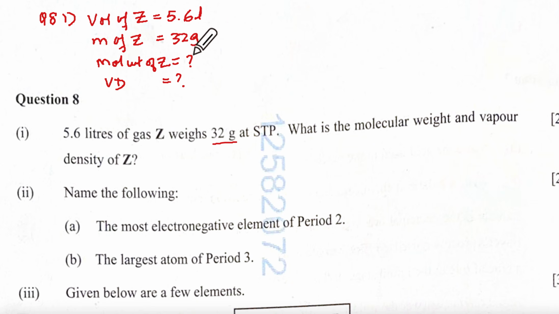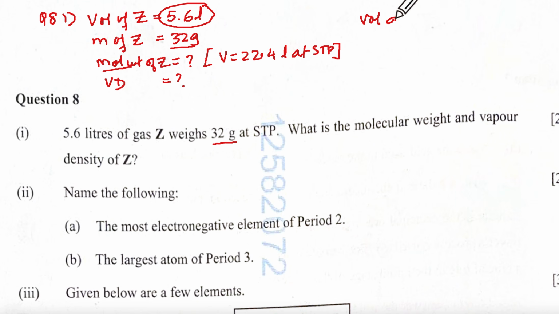Now molecular weight means it should have volume equal to 22.4 liters at STP. Because volume has been given, I have to think of the mass, the molecular weight and the volume. So I am going to have the volume at STP as my first column and the mass of Z as the second column.